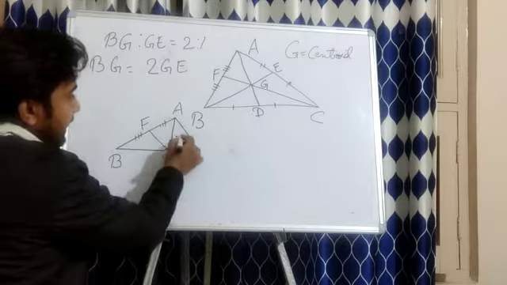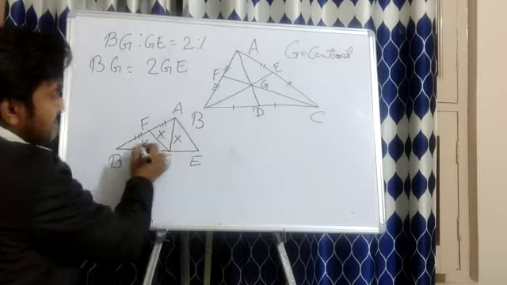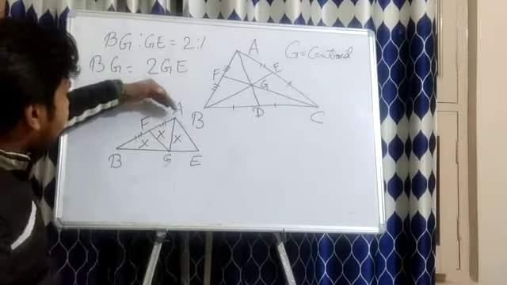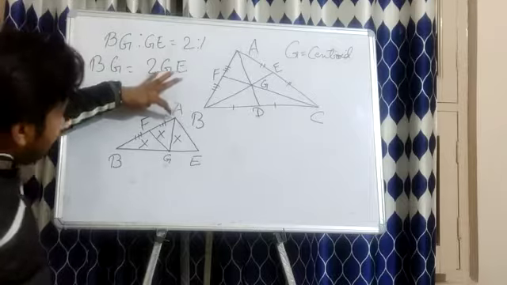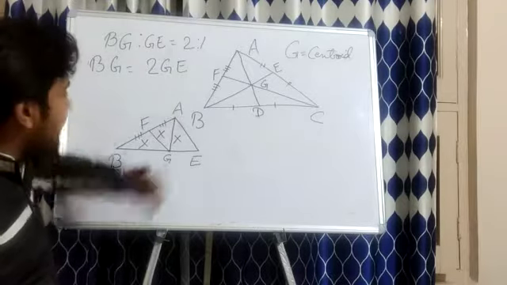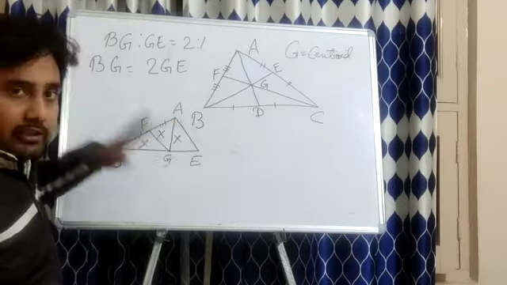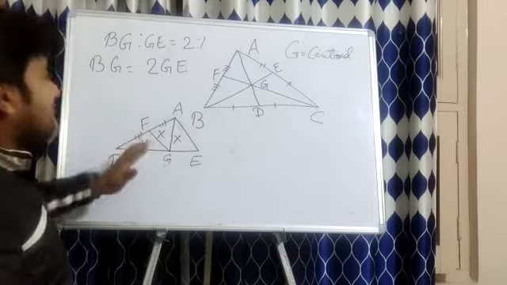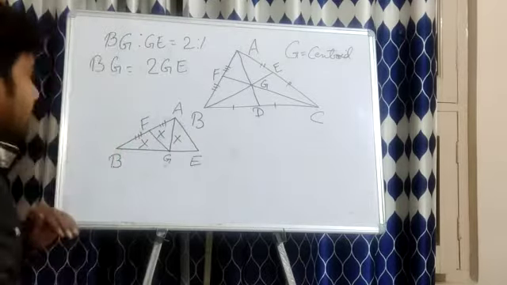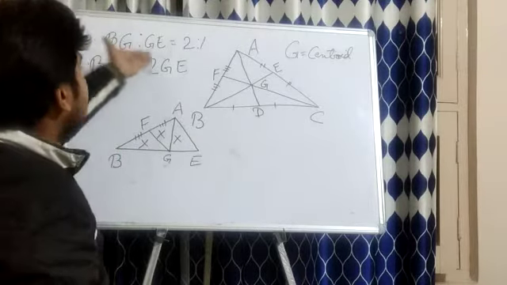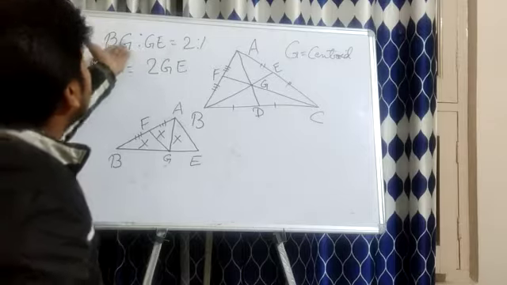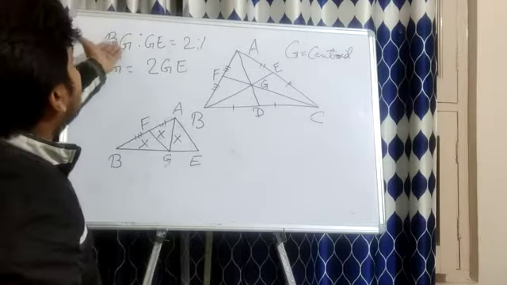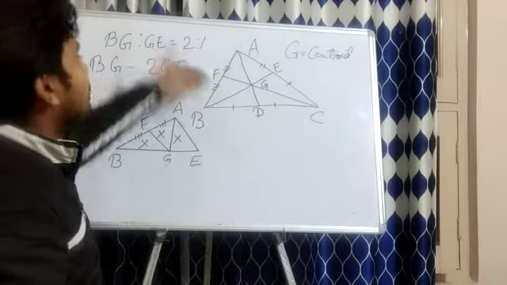So if this is X, this is also X, this is also X. So we can clearly see here that the area of triangle ABG is twice the area of AGE. Now this is the principle which will come in handy for us to prove that BG and GE are in the ratio 2:1.